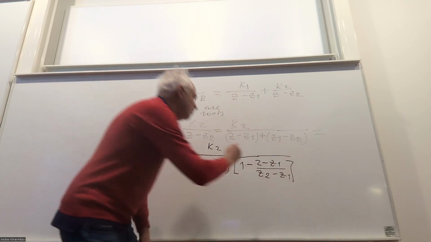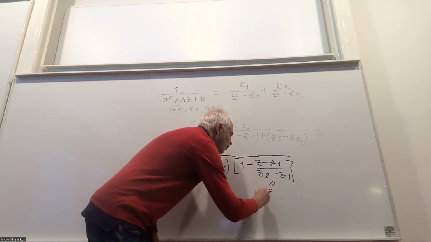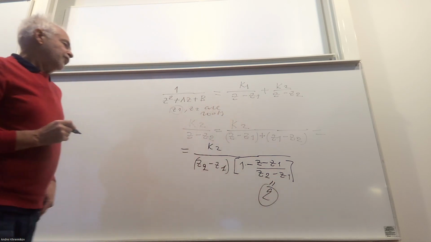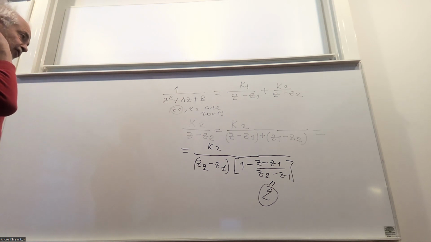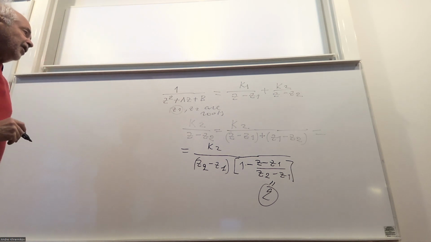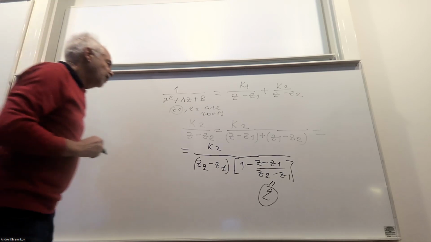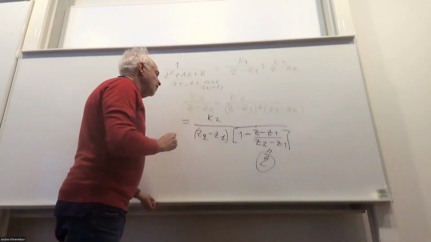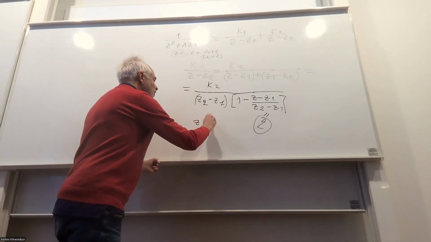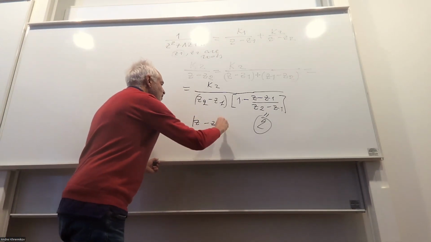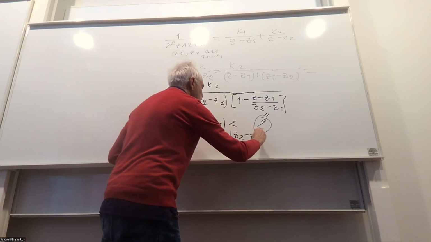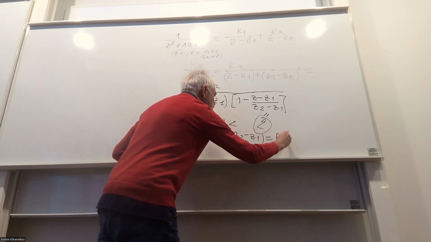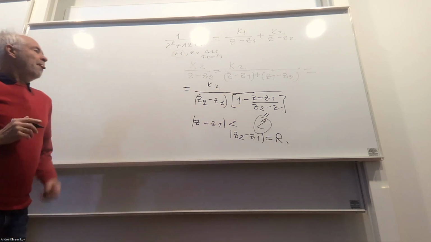And now this plays the role of the denominator of the geometric progression, and you can find in which circle around z1 this series converges. So this series converges when the modulus of z minus z1 is less than the modulus of z2 minus z1. So this is the radius of convergence.